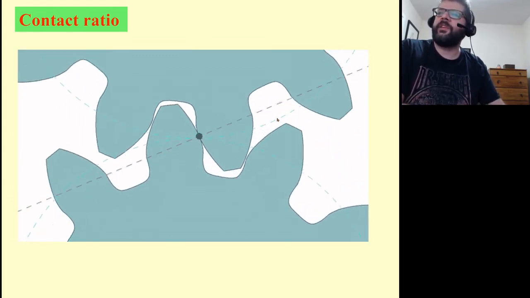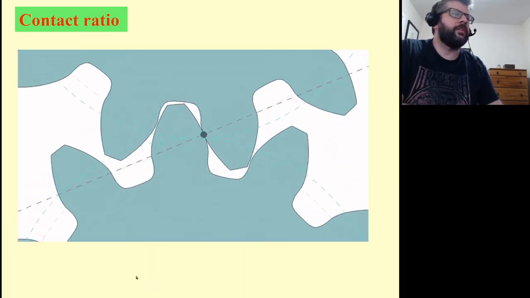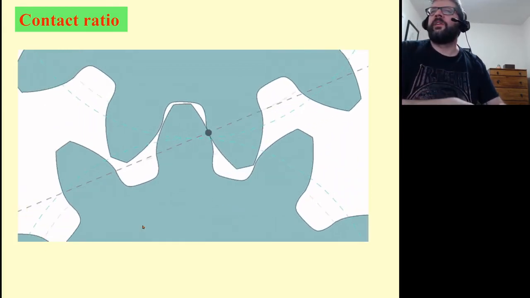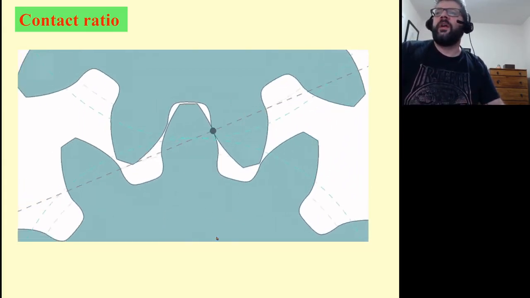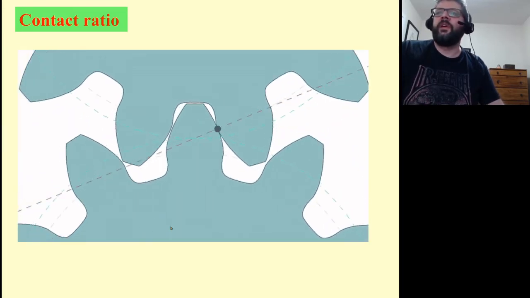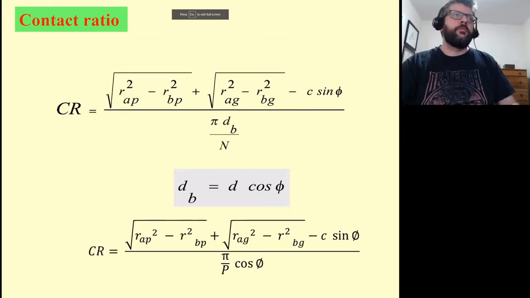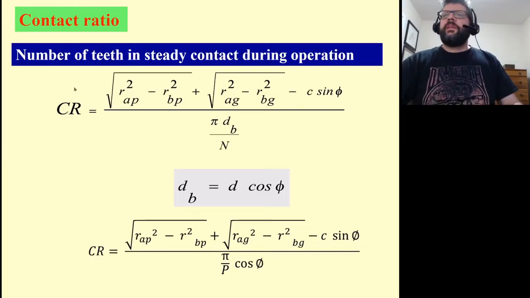But you'll see that at some portions during this process, you've got two gear teeth in contact. So your contact ratio is basically determining how much of the time we have both those gear teeth in contact. That will be based upon the geometry that we're looking at.